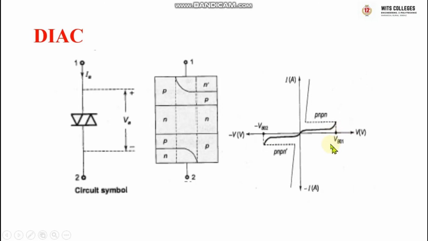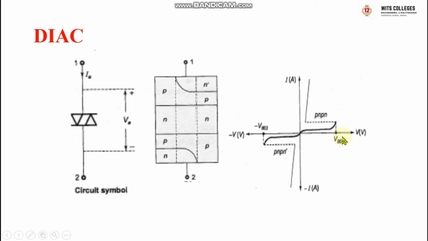So when terminal 1 is positive, 2 is negative, the path is PNPN. VI characteristics will be obtained in this quadrant. In this case, terminal 1 has more voltage than the VBO1.